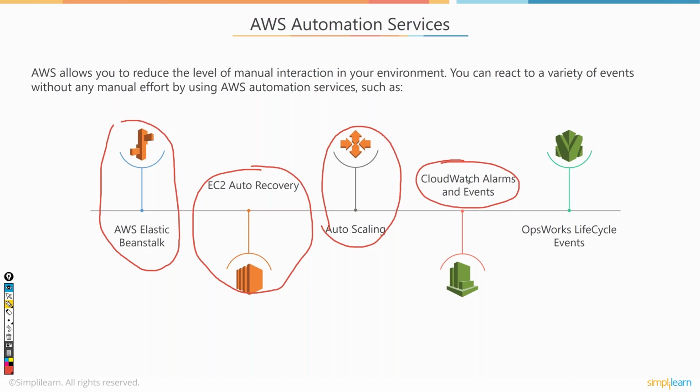Yes, I will try to speak a little bit slower. I'm sorry for that. Also, you can have OpsWorks lifecycle events, which means that you can redeploy the newest version of the code every time you have a new release, and that code will be deployed to all your systems automatically and update every single server.